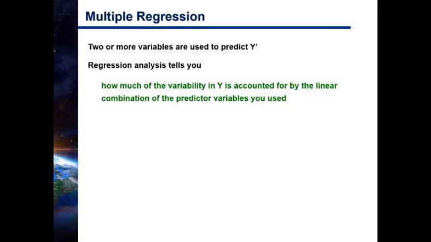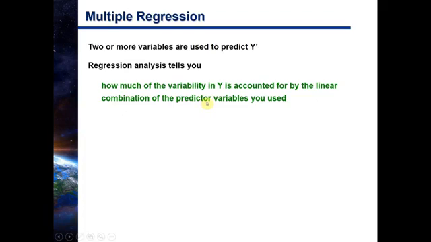But the analysis is going to give you more than just that. It's going to give you more than just a formula, or what you need to make predictions. It's also going to tell you how much of the variability in y is accounted for by the linear combination of predictor variables.